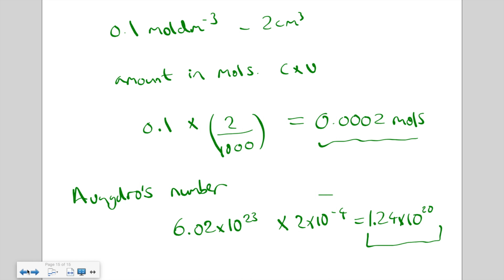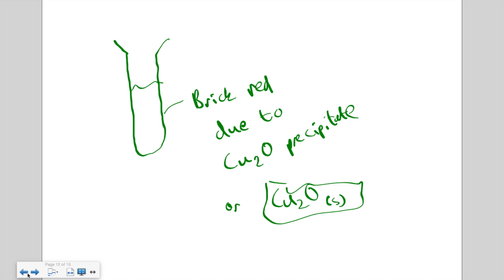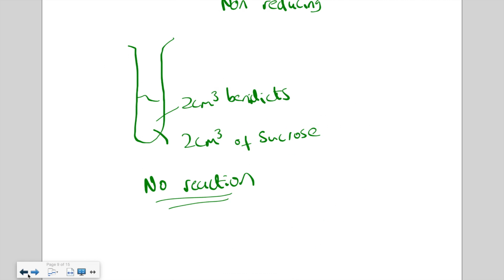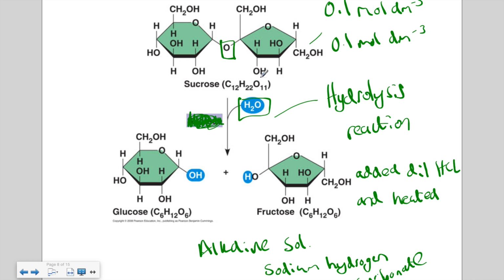But if we come back and look at what happens with the sucrose, although we started off with that amount of sucrose molecules, each sucrose molecule then produces 2 sugars capable of reducing the copper in complex. So we effectively double the amount of molecules in that test tube by carrying out the hydrolysis.